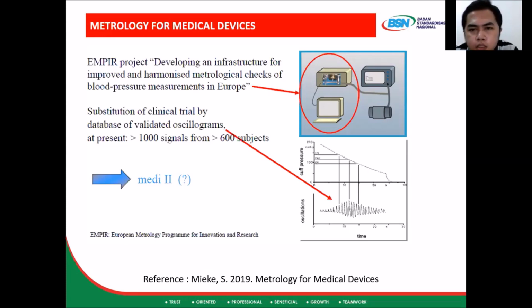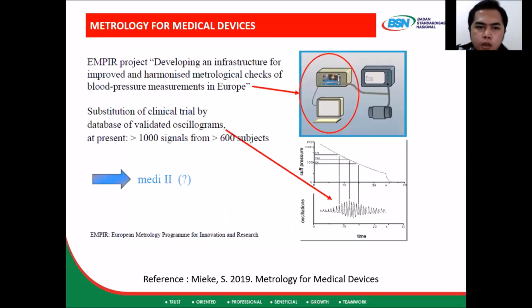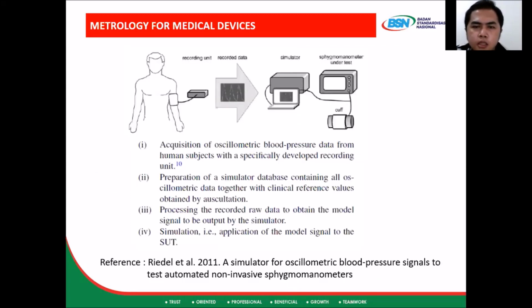They built a blood pressure simulator which is clinically validated by a clinical trial database of validated oscillograms with more than 1,000 signals from 600 subjects. The database of the clinical trial is built using a recording unit.